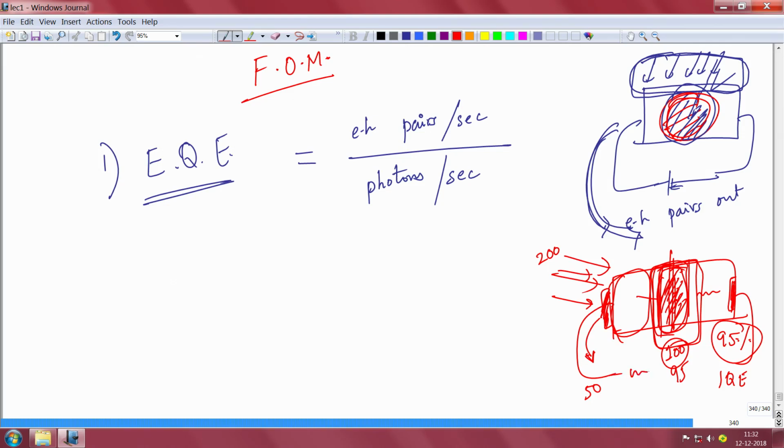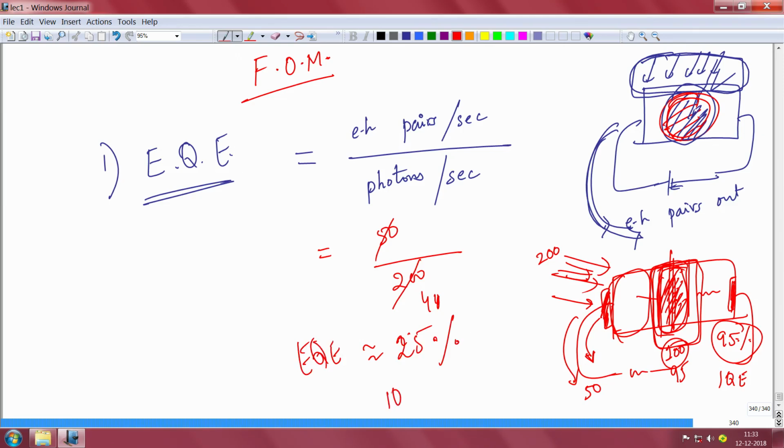The EQE is defined as the number of electron hole pairs coming out of the circuit, which is 50, divided by the number of photons you are shining per unit time, which is 200. So it will be around 25%. In this example, the external quantum efficiency is 25%, but the IQE is 95%.